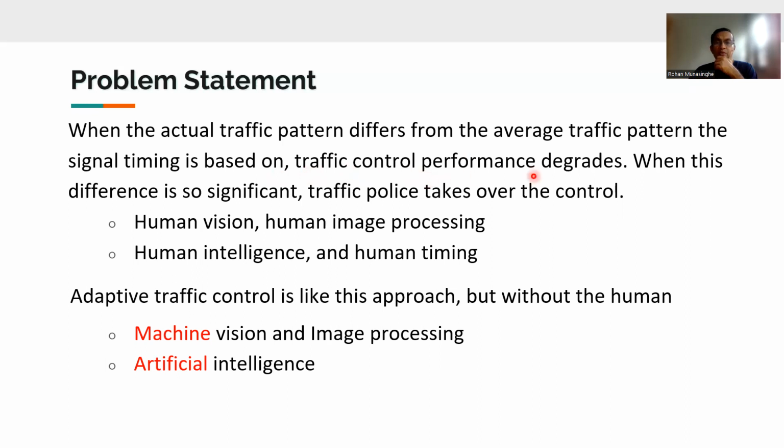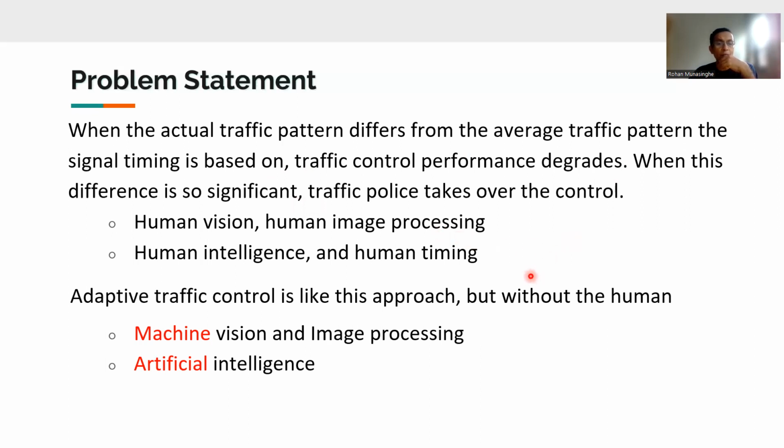The traffic control performance degrades. Now we know it pretty clearly. When this difference is so significant, when the actual scenario is very different from what you have collected over the past, then you have to call the traffic police to take over the control. You have seen this happening in many areas.